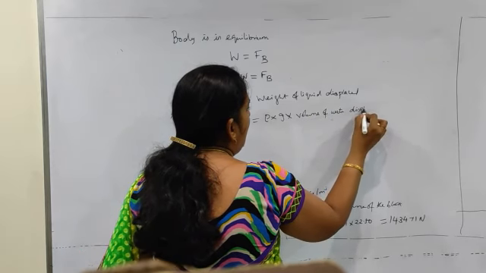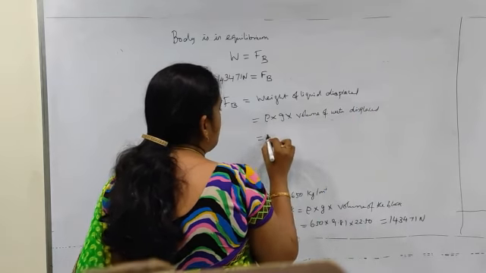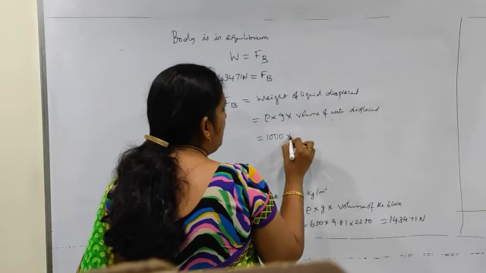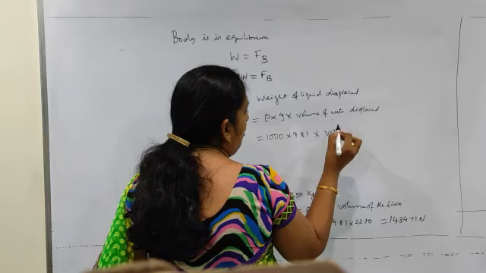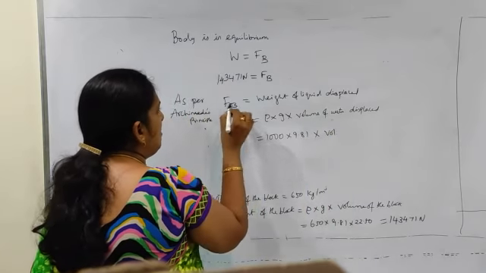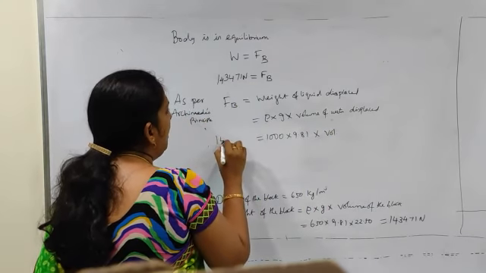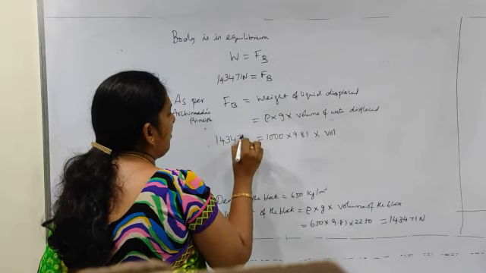Here rho is 1000 and G is 9.81, and this volume we don't know, that is what we are going to find out, the volume displaced. But FB we have taken from this, it is 143471.